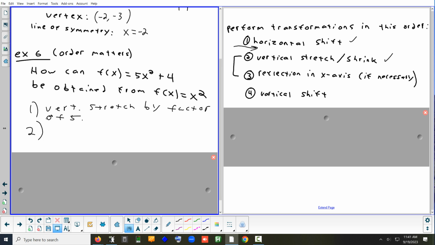No, we'd be looking for a negative number or a negative in front of the 5. We don't have that, so we skip it. Do we have a vertical shift? Yes. Which way? Up or down? Up. And how many units? 4. So shift up 4. Okay. Question on that?